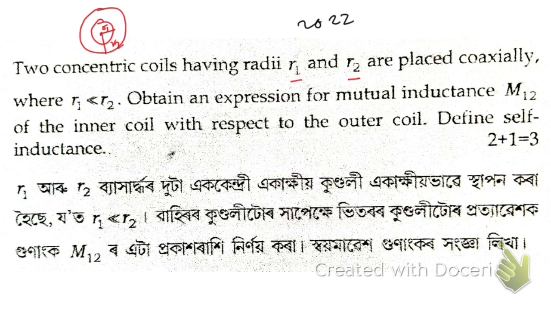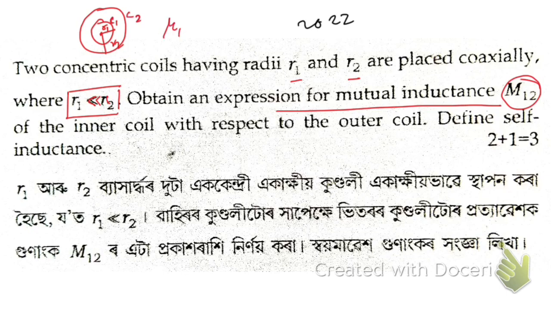So we need to again find the expression for mutual inductance as we did in the last question. Here R1 is very, very less than R2, okay. We need to find M12, that means mutual inductance of coil 1, suppose the inner coil is coil 1 and the outer is coil 2. So we need to find the mutual inductance of coil 1 with respect to coil 2.